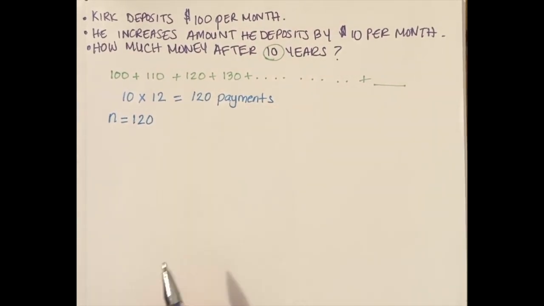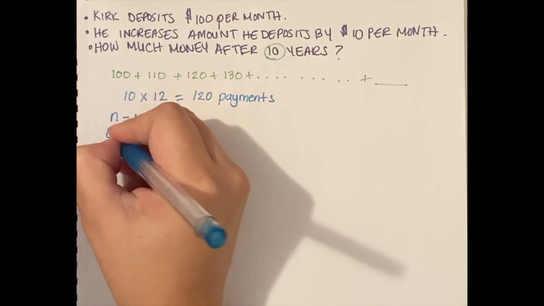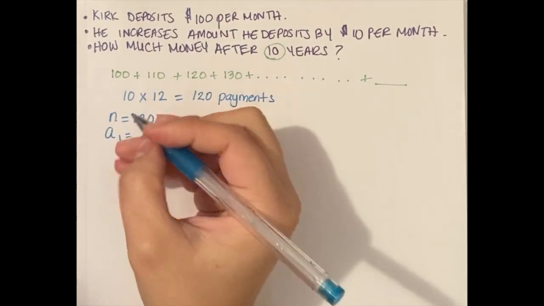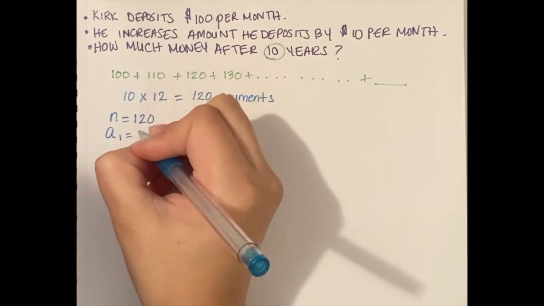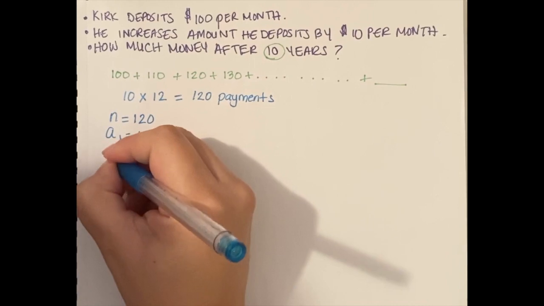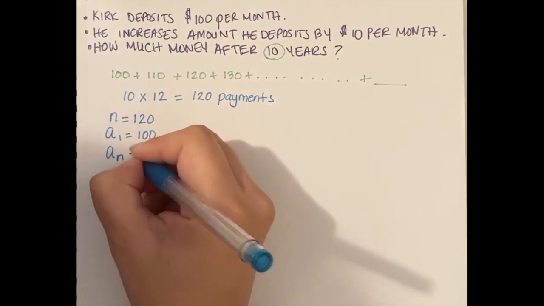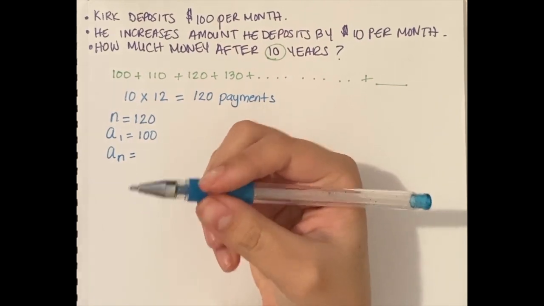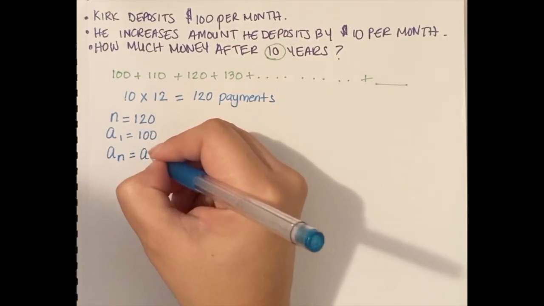What we know is that the first term is 100. We don't know what the last term is, but we know that it's the 120th term.